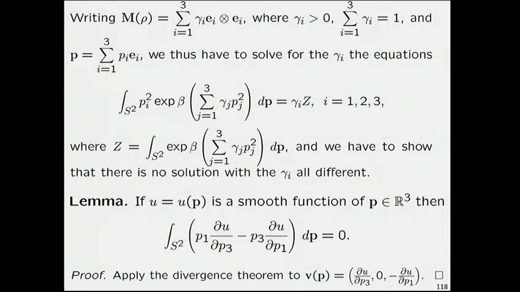For example, when I take P1 P3, I'm going to get a P1 squared here, and then I'll have a rho, of course, and I'll get a P1 squared minus P3 squared here.